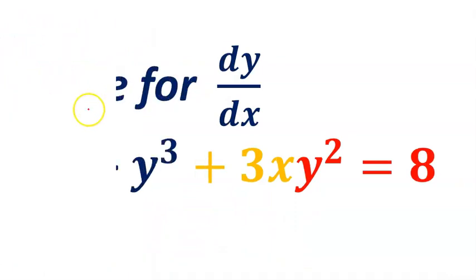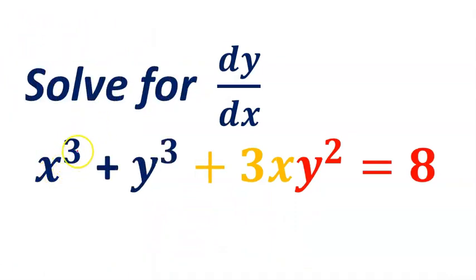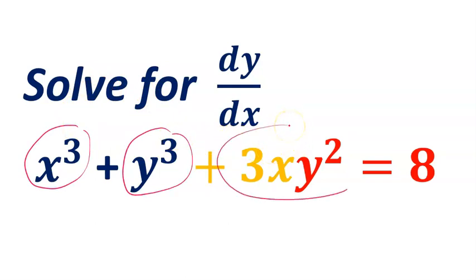Now, our example says we have x raised to power 3 plus y raised to power 3 plus 3xy squared equals 8. Like we did initially, we'll differentiate each of them on their own. To differentiate x raised to power 3, it should become 3x raised to power 2.